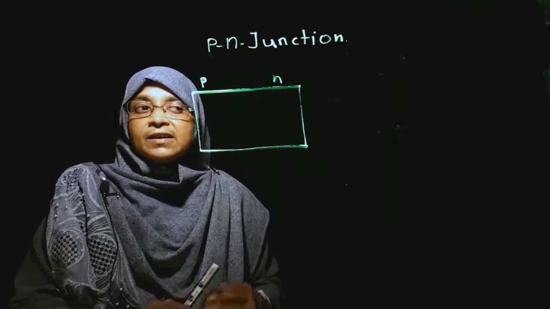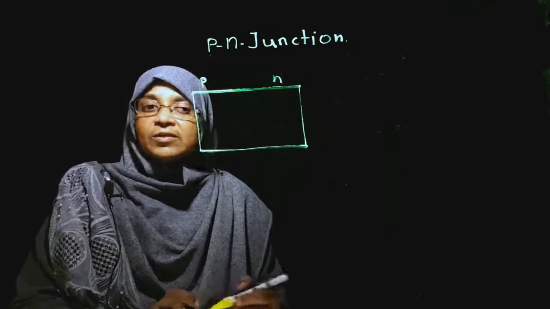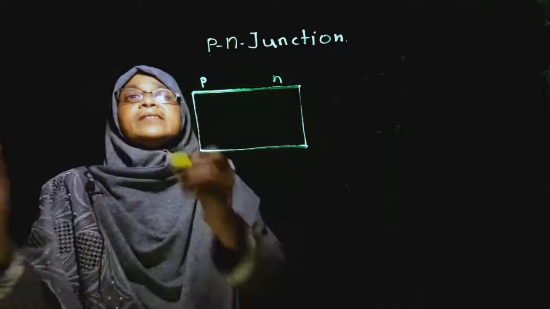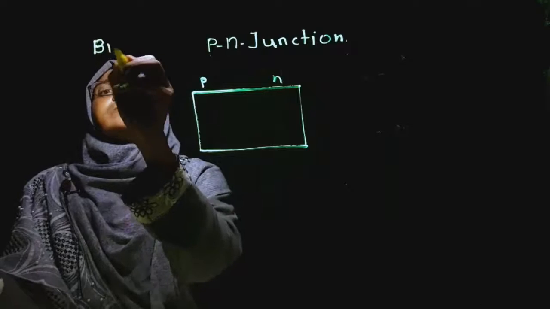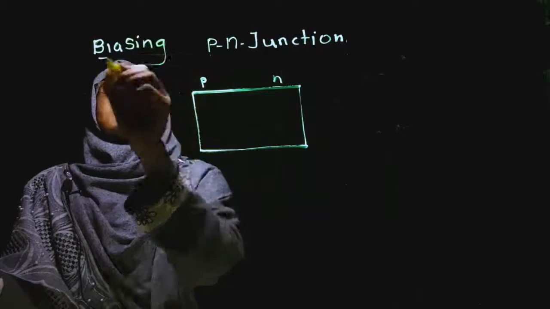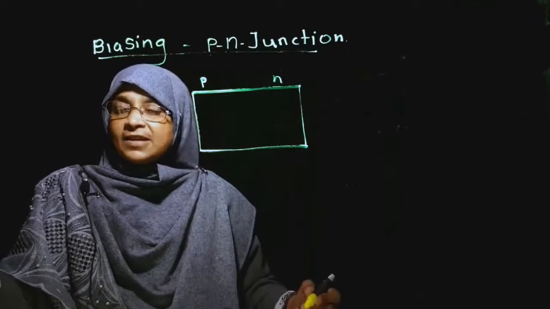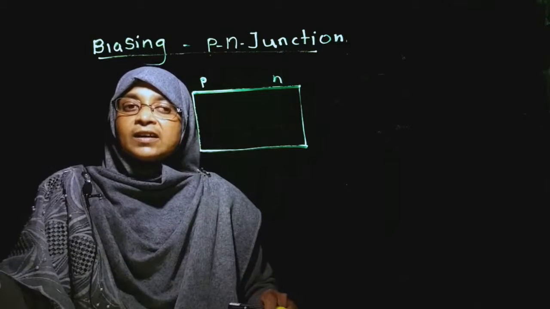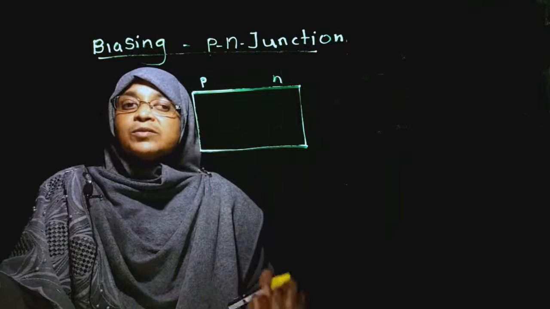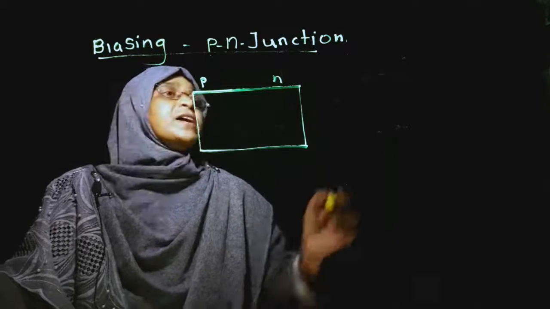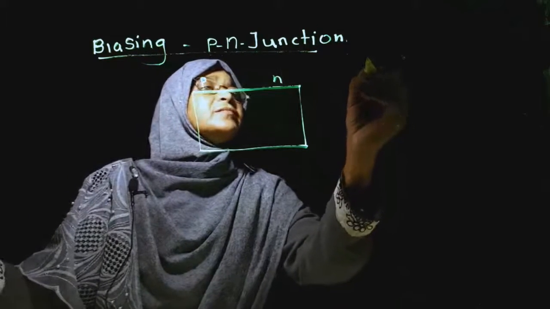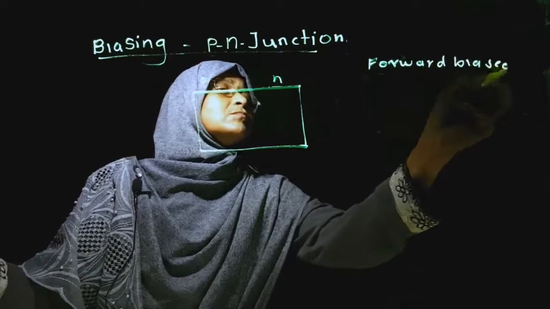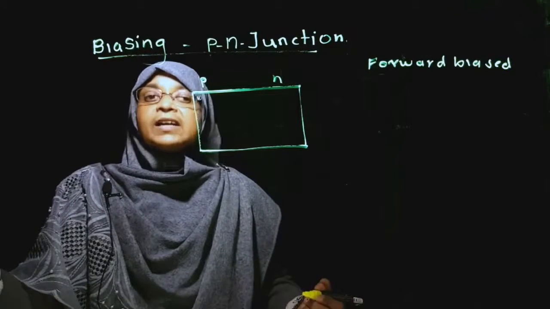Connecting a battery is called biasing. Biasing the PN junction can be done in two ways. Number one, forward bias. The other one, reverse bias.